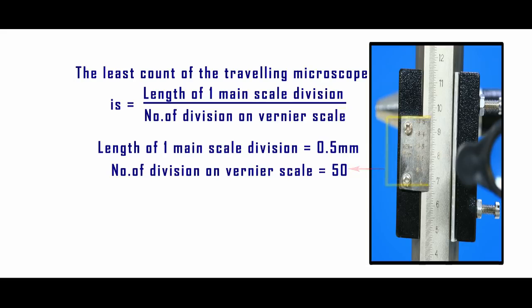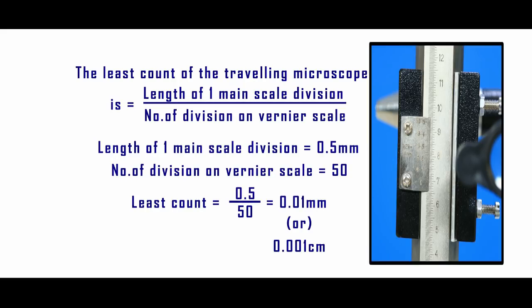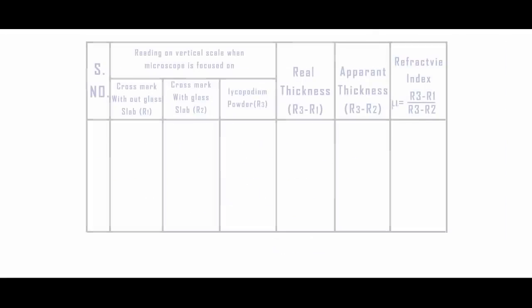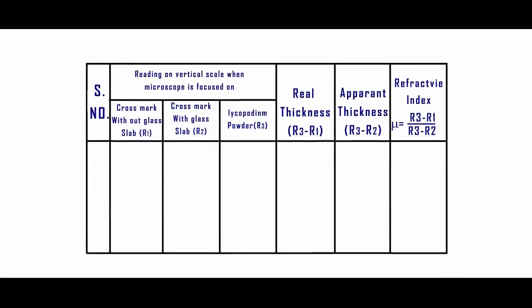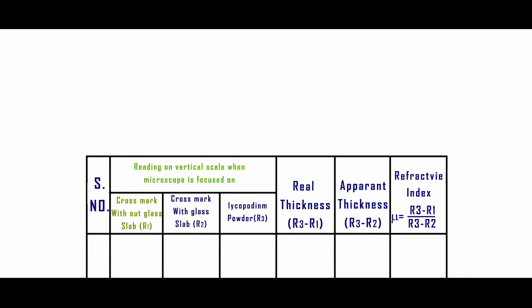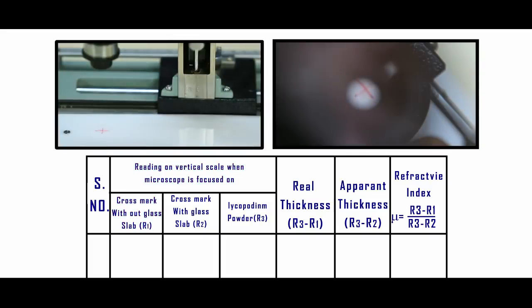Number of divisions on the vernier scale is equal to 50. Therefore, least count is equal to 0.5 divided by 50, that is 0.01 mm or 0.001 centimeters.